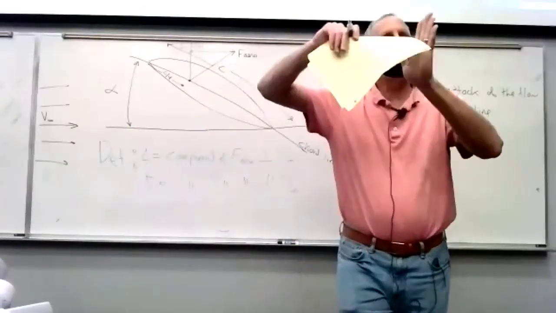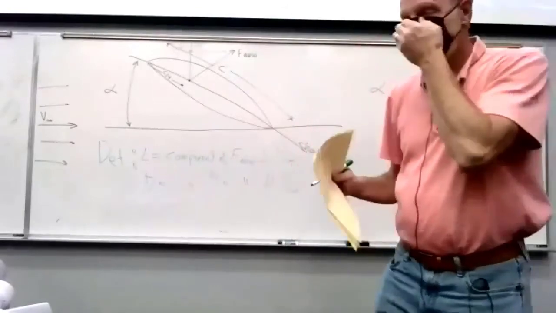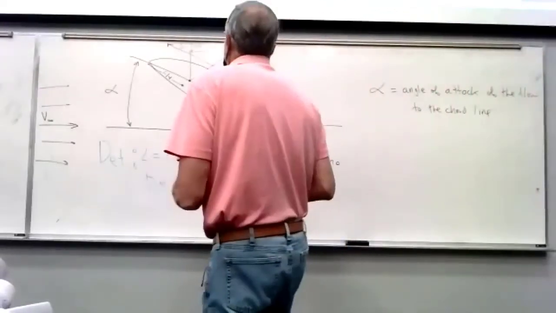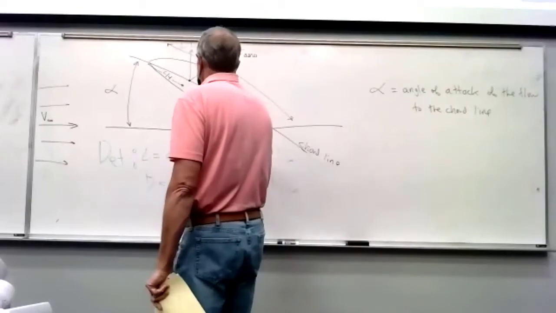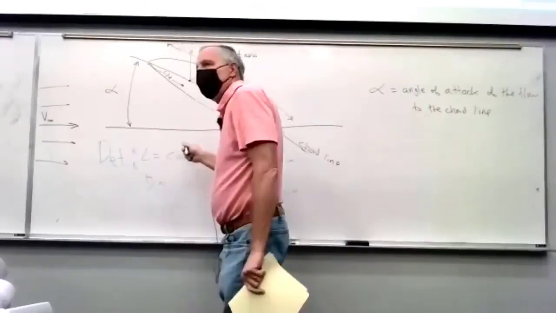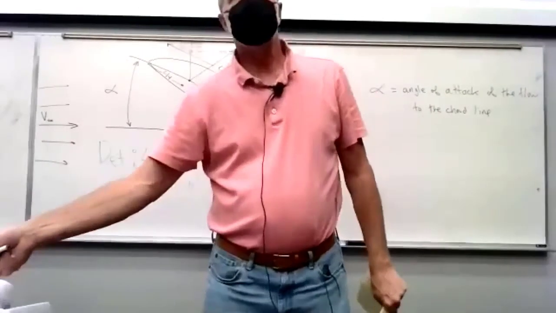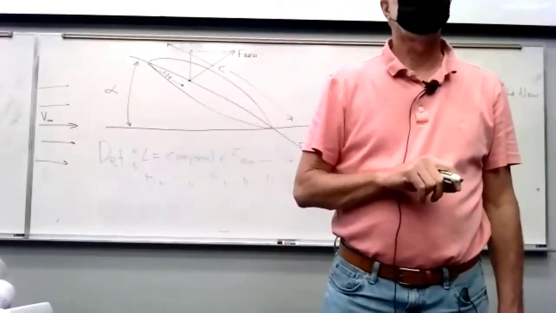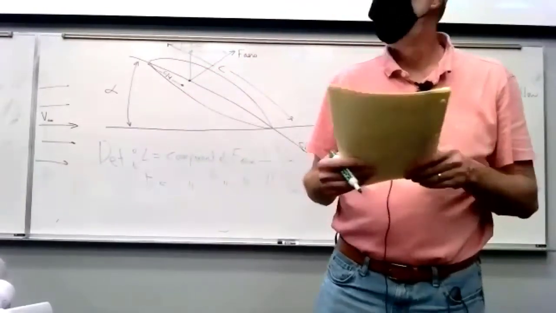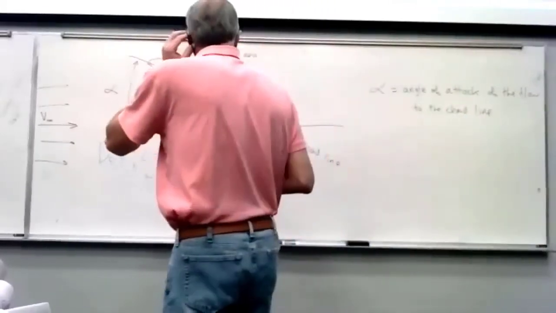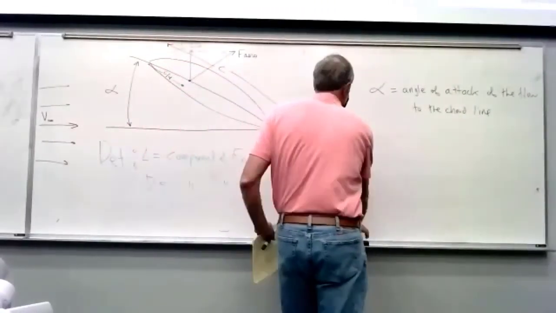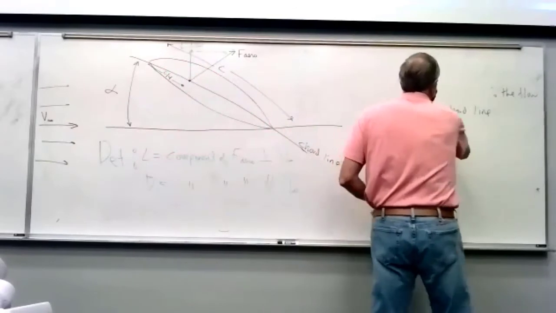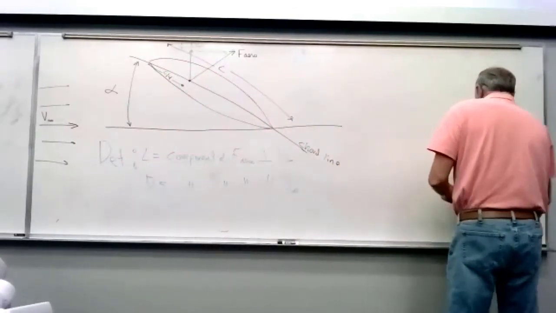Into two perpendicular components. So it's not perpendicular to the chord, it's not perpendicular to the horizon, it's not perpendicular to this tabletop, it's perpendicular to the flow, by definition. Okay, so why is that? Well, it's just because I said so, and everybody else says so.